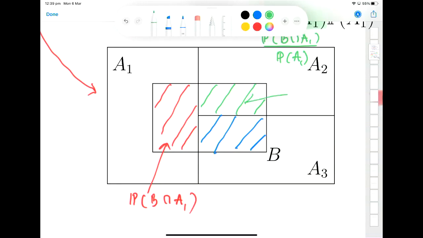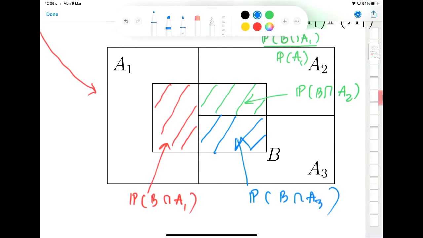And the green one is the probability of B intersect with A2. And the blue area is the probability of B intersect with A3.